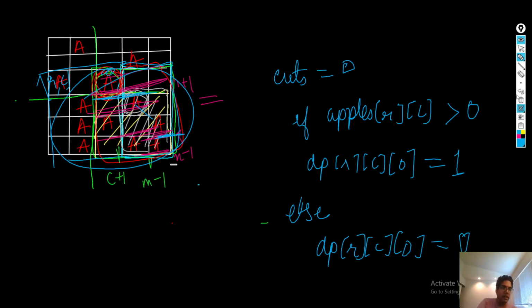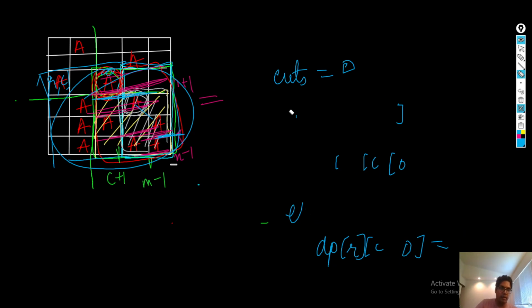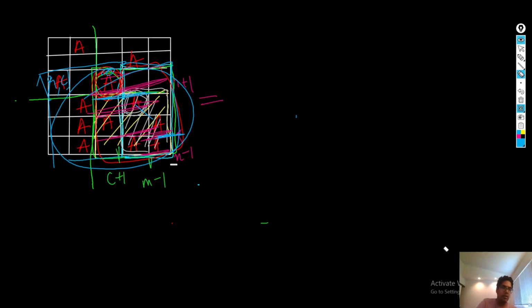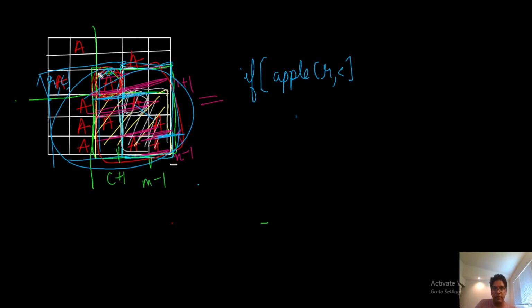And when you want to check whether you add when you're doing the sums for the row cuts and the column cuts, the only condition you would want to check is that there are some apples which you are cutting. So that would be: you have apples at r, c, minus whatever cut you're making.